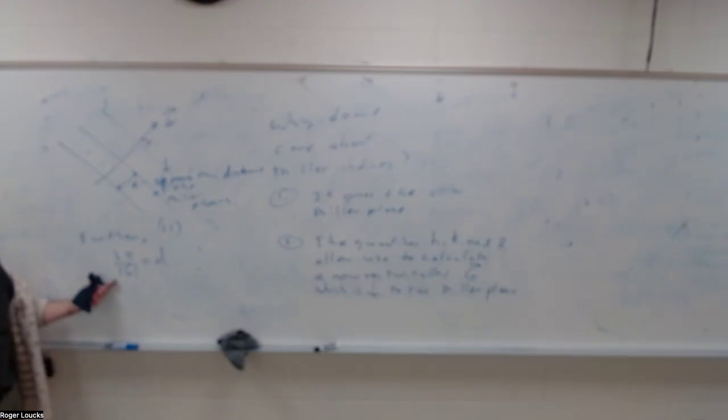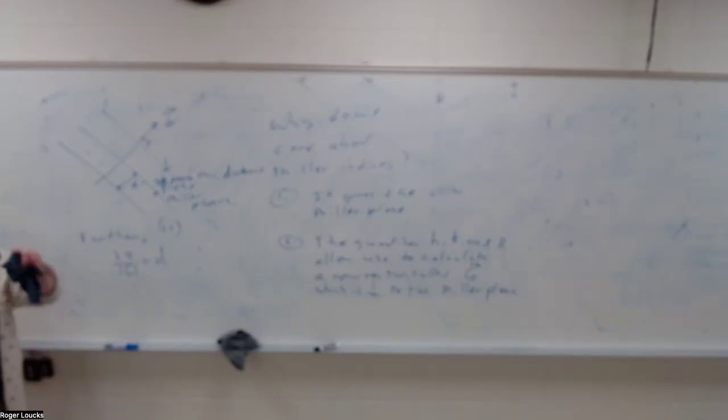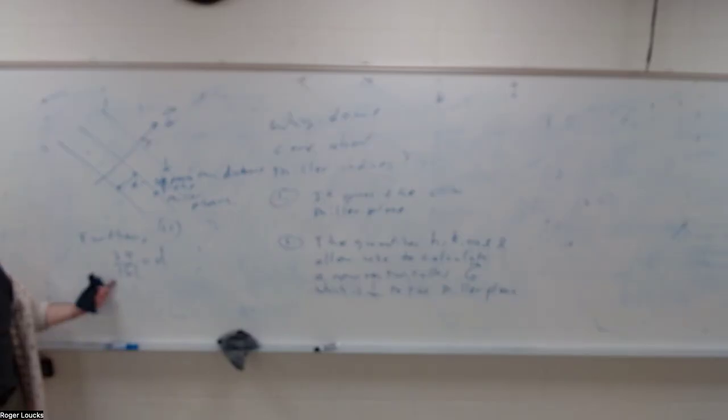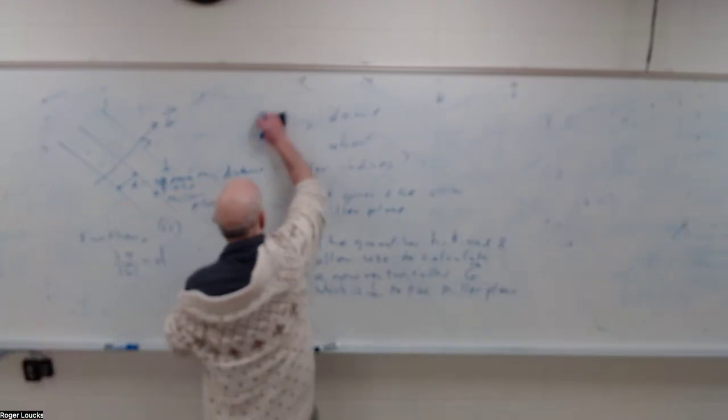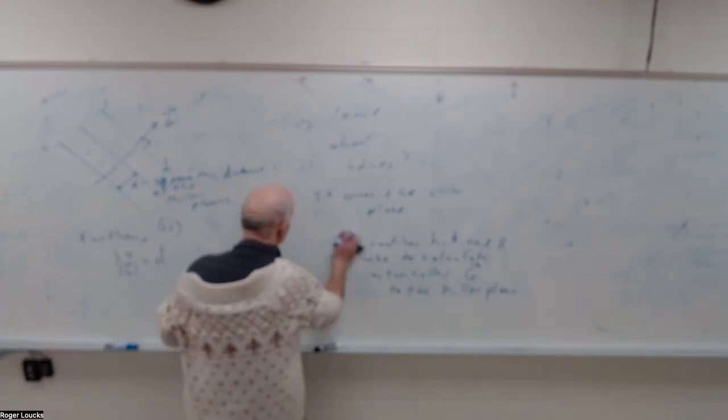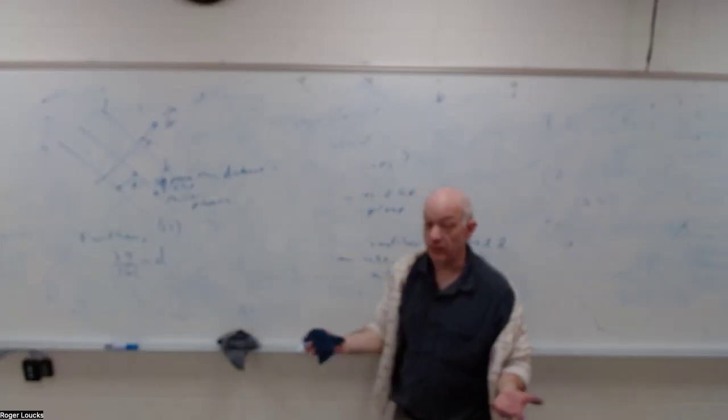Now that's not obvious, and what I want to do today and on Tuesday is to show you how this is going to work. I'll show you what G is going to be specified by. It's going to be kind of weird, but this is what we're going to talk about today and going into Tuesday as well. So I have not proved that statement at all.